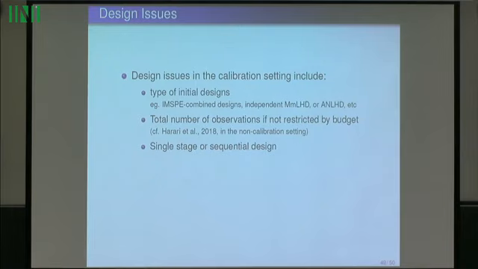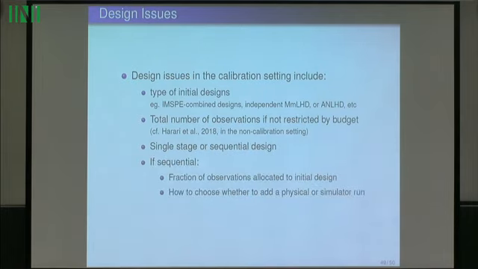Should you do a single stage or sequential design? Well, if you're trying to minimize like this, probably a sequential design is the better option. If sequential, what fraction of observations should be allocated to the initial design? So far it looks as though it's somewhere in the middle of the range, 40% to 70%, but that could be refined.